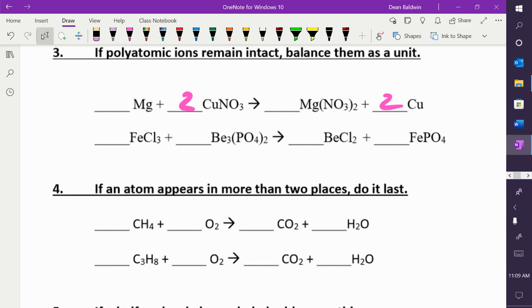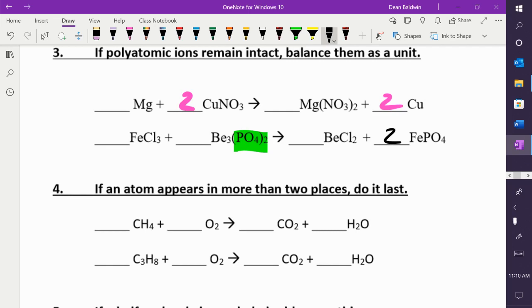All right, you only have one polyatomic. You have the PO4. You have two of them on this side. How many are on the other side? One. So how do I make that one become a 2? Multiply by 2. So I throw a 2 there.